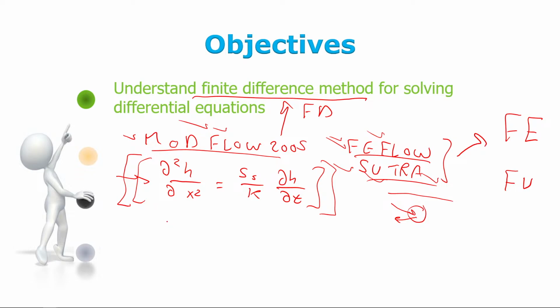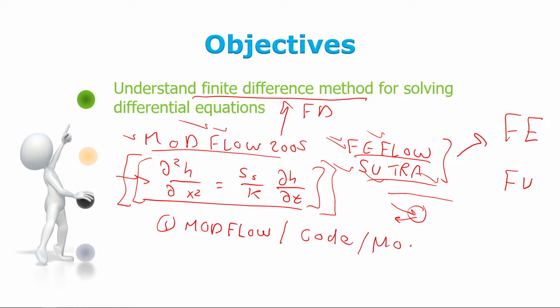So there are three levels. The first level is that you use an existing code, like MODFLOW. MODFLOW will have this equation, and it will have a structure for your input, your output, and so on. That's off-the-shelf code, an existing code or model.